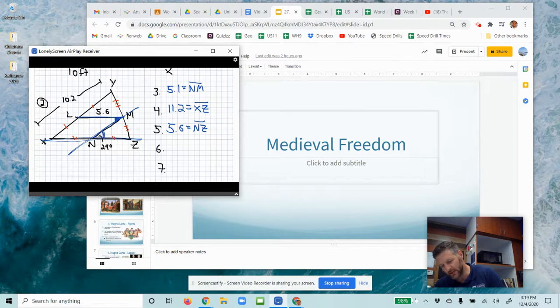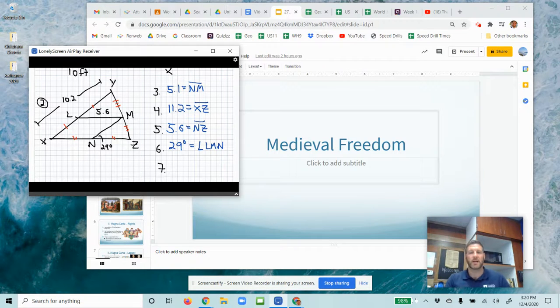So these angles right here are alternate interior angles. If MNZ is 29 degrees, then LMN must also be 29 degrees. So whenever you hear parallel lines, you think alternate interior angles.